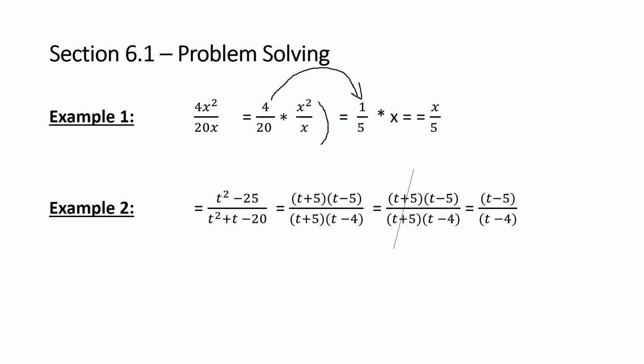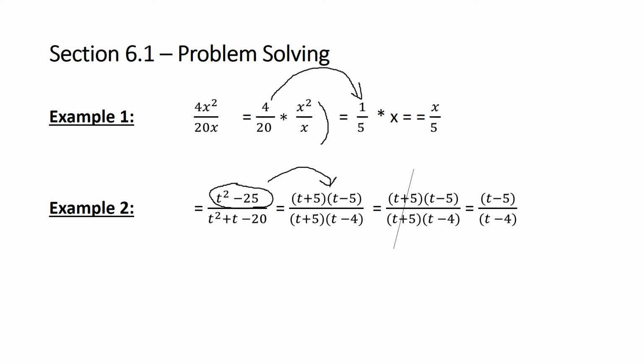Now example 2 looks more complicated, but not really. We have to remember our factoring components from before. T squared minus 25 over t squared plus t minus 20. This first part is a difference of squares. I have a perfect square in t squared and a perfect square with 25, and I'm subtracting them. So this is simply t plus 5 times t minus 5. And I rewrite it.